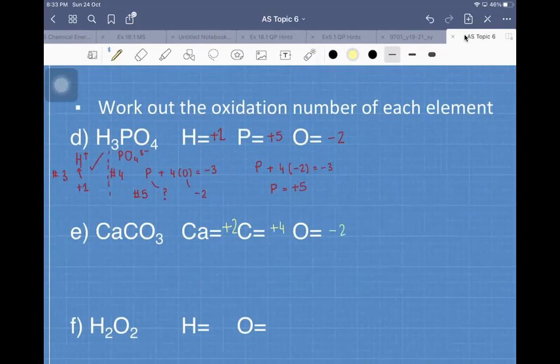Okay, so I like to break it down into its ions: calcium 2+, CO3 2-. Okay, so calcium is easy to see that it will have an oxidation number as its charge because it is a single monoatomic ion. So that's rule number 3.